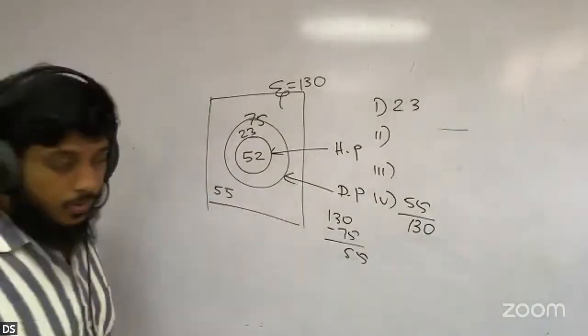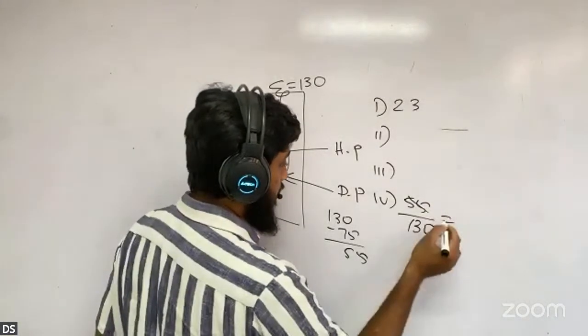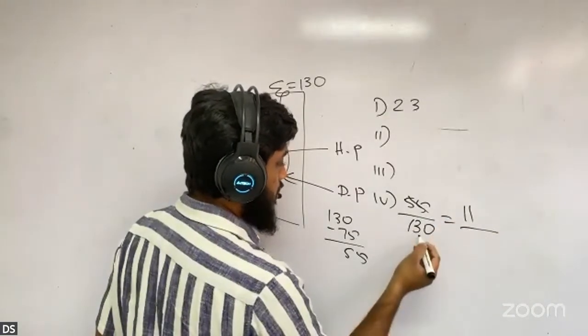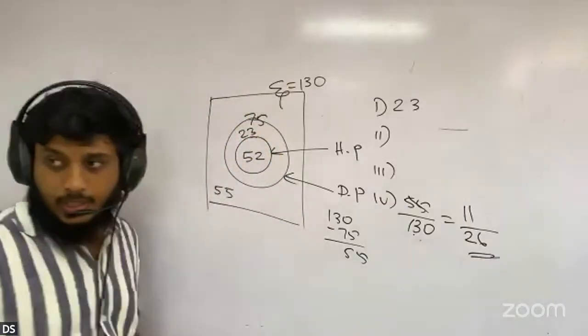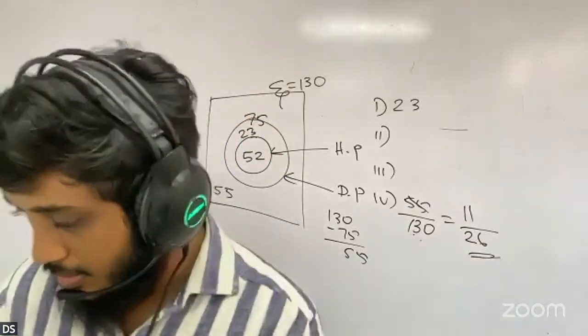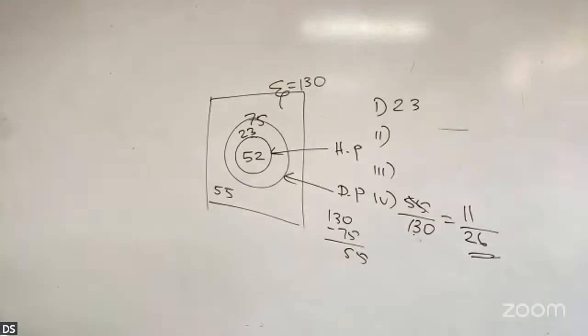You can simplify by 5. 55 divided by 5 is 11, and 130 divided by 5 is 26. 11 over 26 is the answer. If you can simplify the answer, you have to simplify it fully.